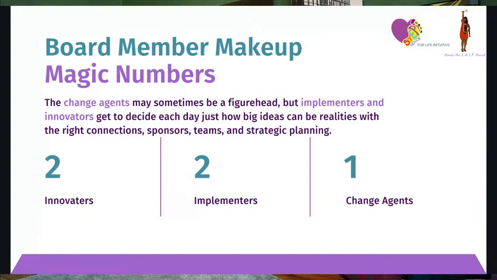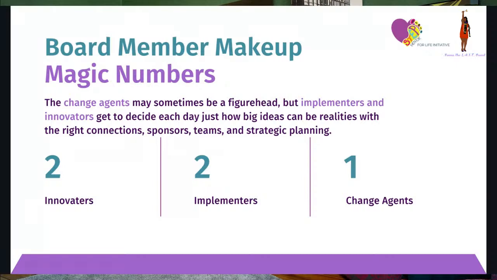Innovators are researchers or creators. They create new things that we need. Implementers are people who show up when you tell them to come to work. Those are the people that you need on your team. People who are going to show up, people who are going to come up with stuff to do and create it for you, and then people who have a vision for where you guys are going.